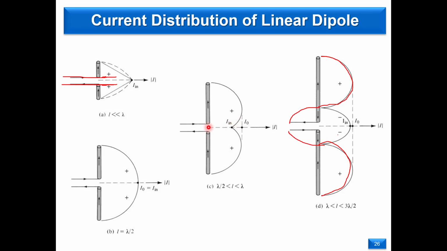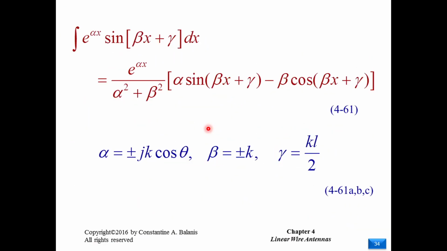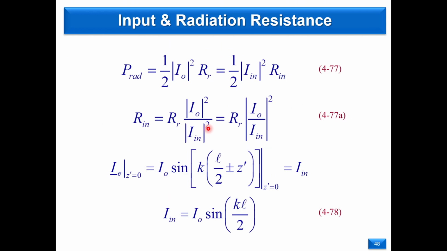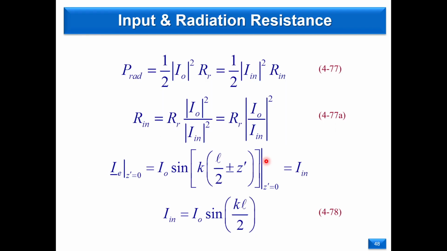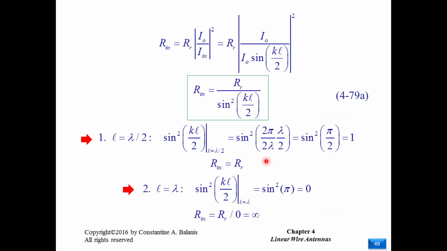So I input will equal 0, and when I input equals 0, the input resistance will go to infinity, as we see here, while the radiation resistance never goes that high. So those are just the expressions.